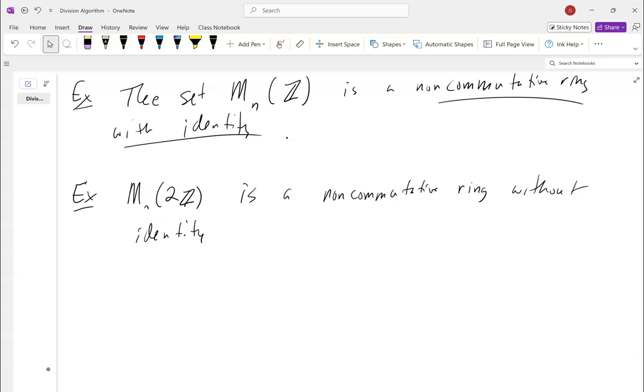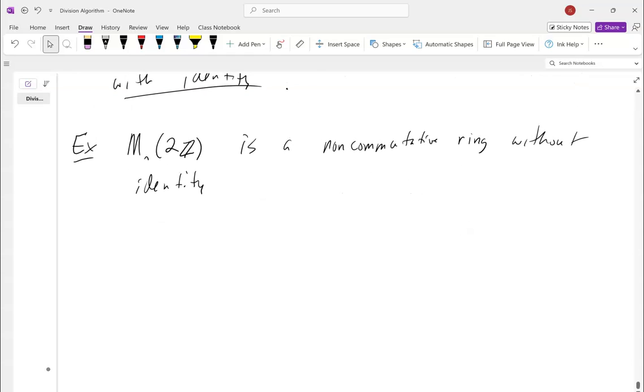Some of them have certain properties, some of them don't. We've already seen in the Z mod n that sometimes you multiply two non-zero things together to get 0. And sometimes if you multiply two things together and get 0, one of them has to be 0, right?